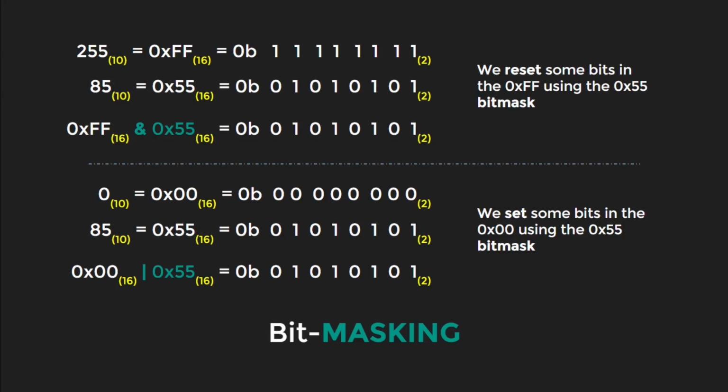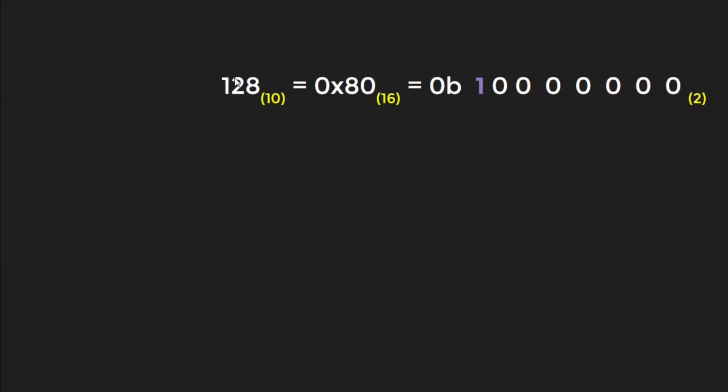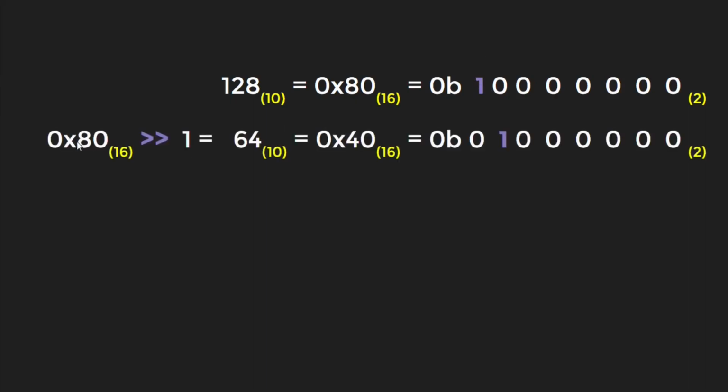So here I have 128 in decimal, which is hex 80, a single set bit in an 8-bit byte. A byte is 8 bits, and I marked the first bit purple. What I did here with hex 80 is apply these two symbols.